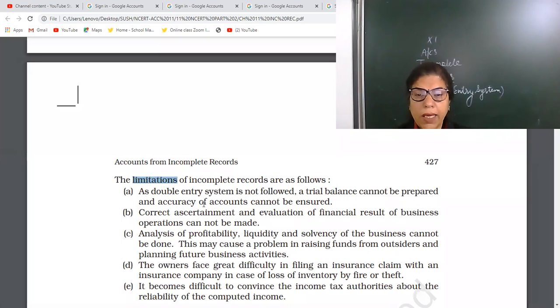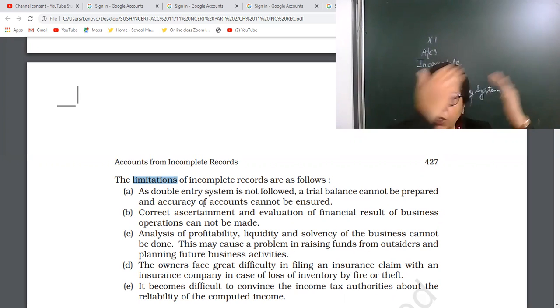Because the businessman is not maintaining the records in a proper way, he will not be able to analyze the solvency position. This may cause a problem in raising funds from outsiders. If the businessman wants to take loan, wants to issue shares, wants to fund from public, he must have proper accounts.